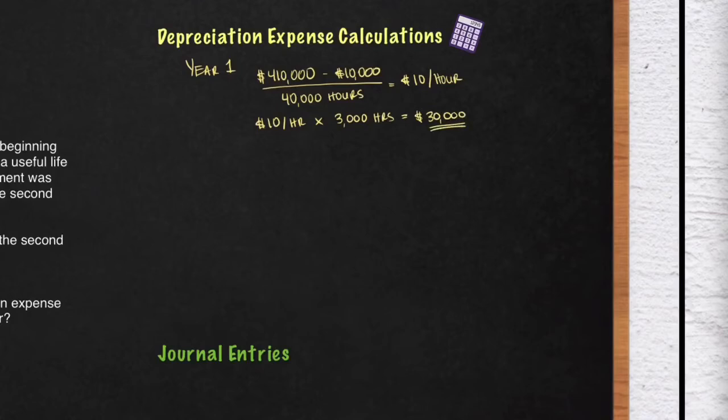Now for the second year, you're going to do exactly the same thing, and the rate doesn't change. The rate will always be $10, and you're going to multiply that by the actual usage. I'm just going to fast forward a little bit so we could get through year 2 and year 3.